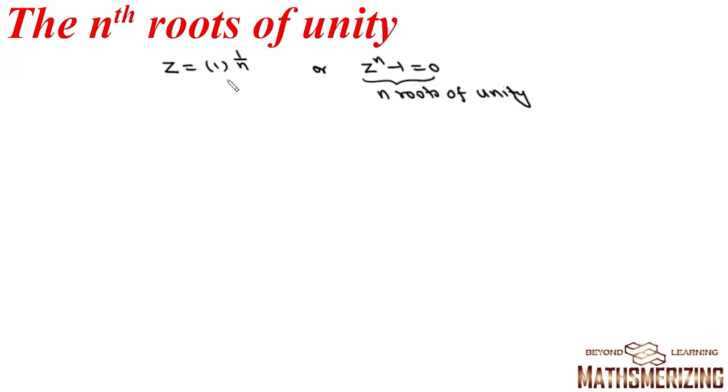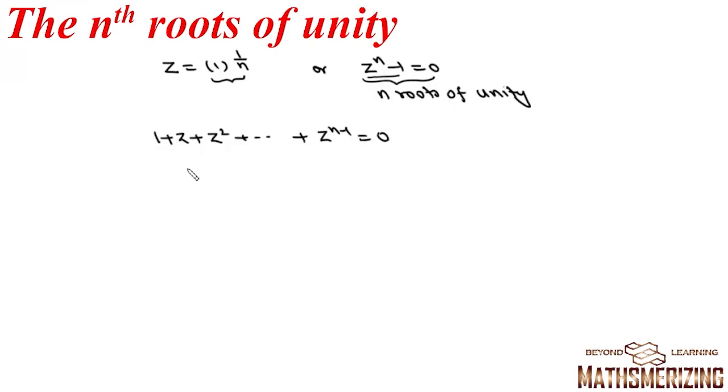Sometimes, rather than saying it is nth root of unity or expressing the polynomial as z to the power n minus 1 equals 0, they may give the condition that the roots of this equation 1 plus z plus z square up to z to the power n minus 1 equals 0. Now this is nothing but the GP.